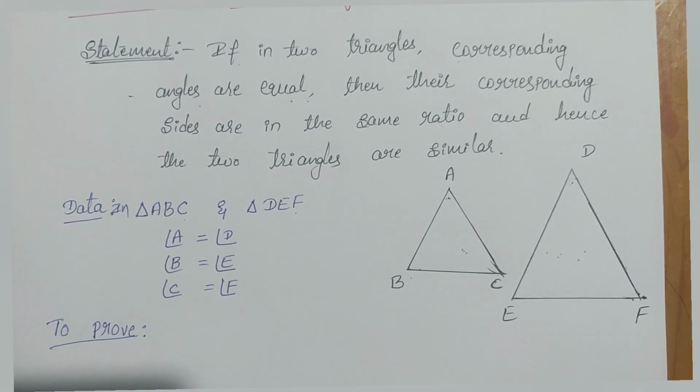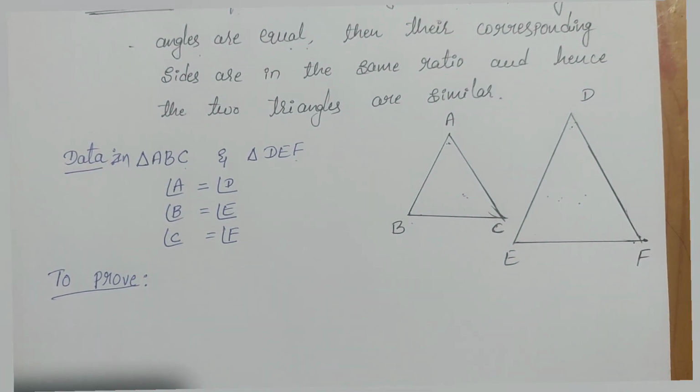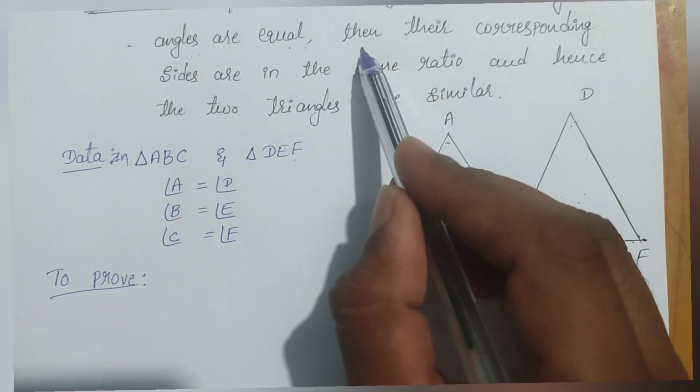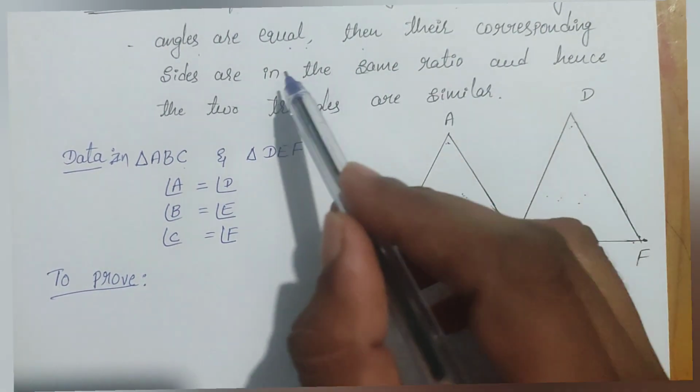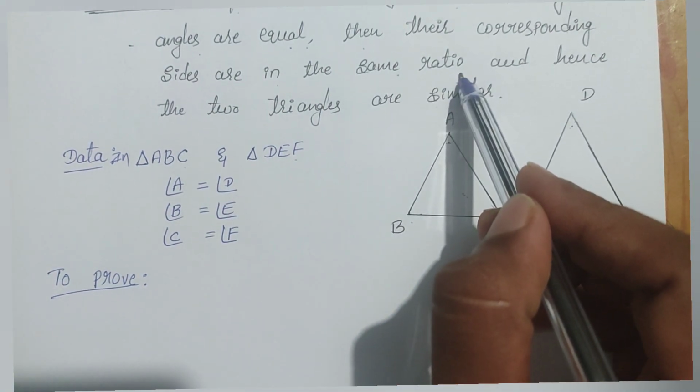So I said already, the second part of the statement will give you what we have to prove, that is, their corresponding sides are in the same ratio. This is what we need to prove now.